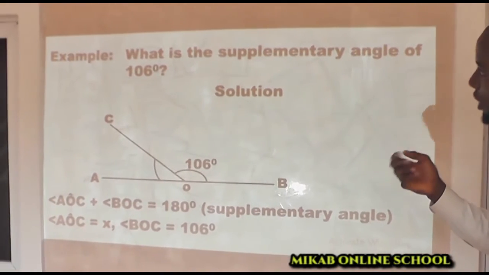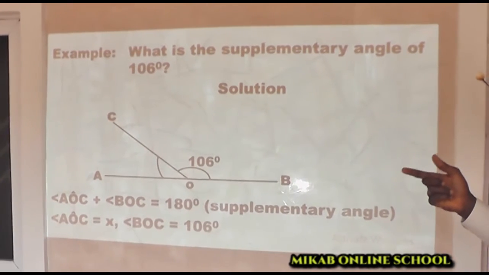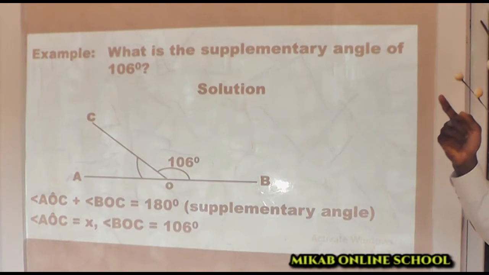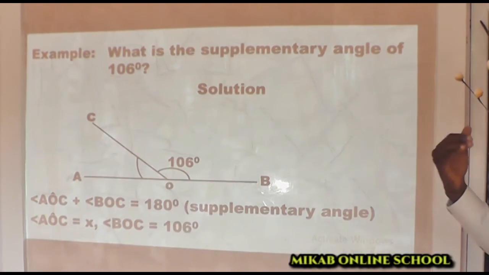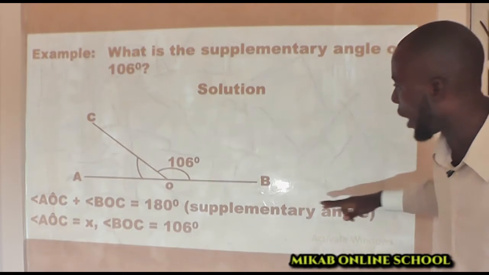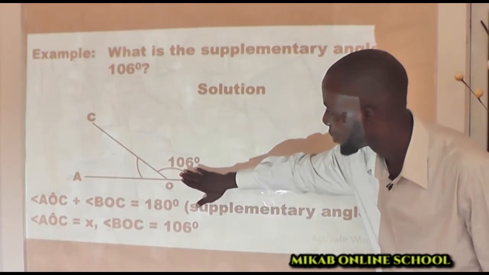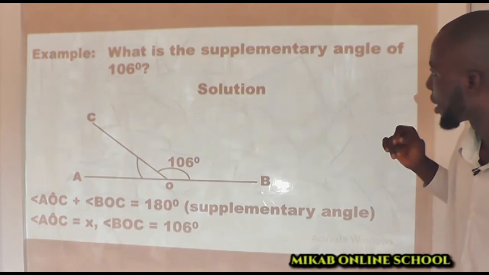The question before us asks, what is the supplementary angle of 106 degrees? The supplementary angle of 106 degrees. I told you that for a straight line angle, the summation of them will give us 180 degrees.